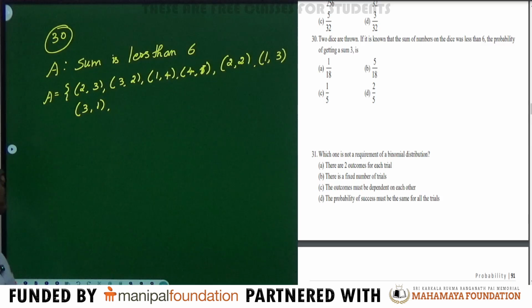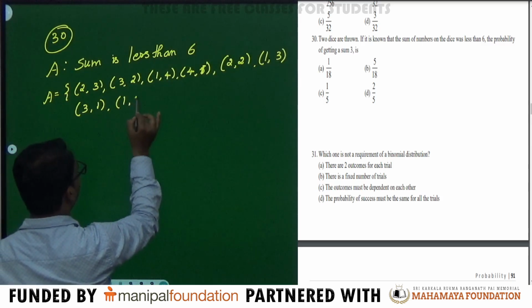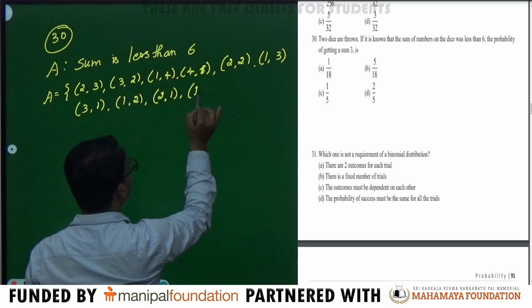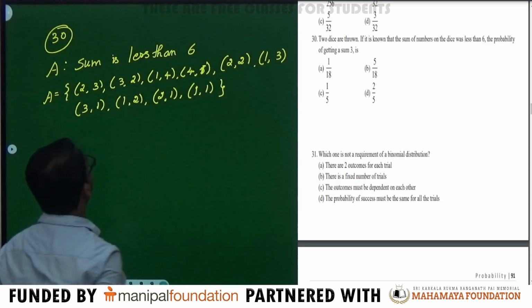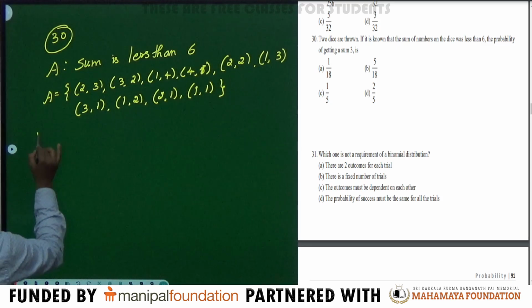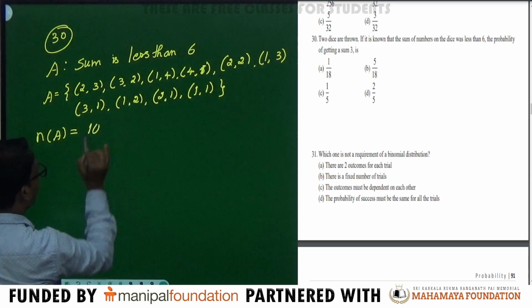It may be 3. If it is 3, we get 1 comma 2, 2 comma 1. It may be 2, that is 1 comma 1. There are no other possibilities. 1, 2, 3, 4, 5, 6, 7, 8, 9, 10. So the number of elements in event A is equal to 10.